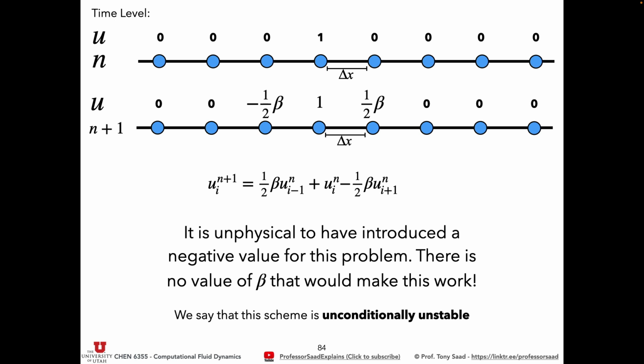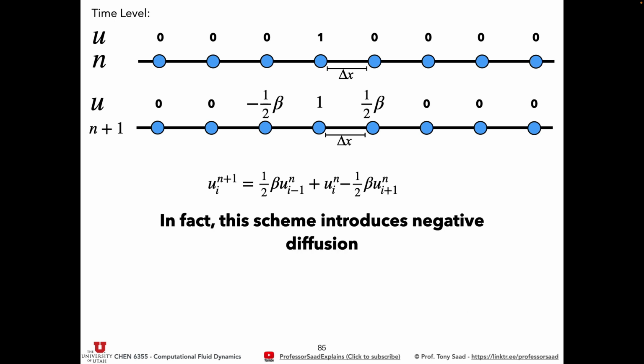Okay? So FTCS is unconditionally unstable. There's no condition that will make it stable. There's no choice of delta t or delta x or speed that will make it stable. Impossible, unphysical. In fact, this scheme introduces negative diffusion, which is what is causing this behavior.